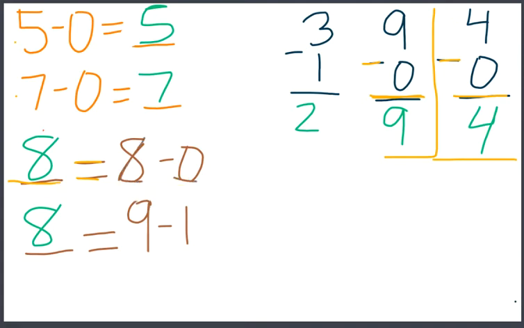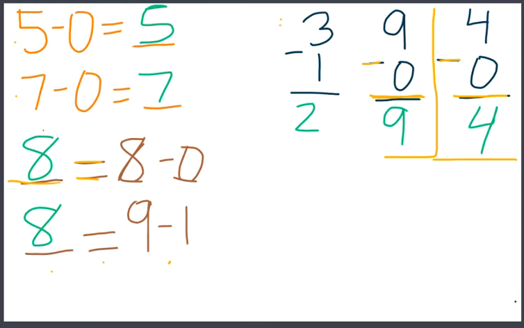And then let's talk about the rest of the problems where there's a pattern for minus 1. 9 minus 1 and 3 minus 1. If 1 is subtracted from any number, the result or answer is the next smaller number. 9 minus 1 equals 8. 8 is one number smaller than 9.